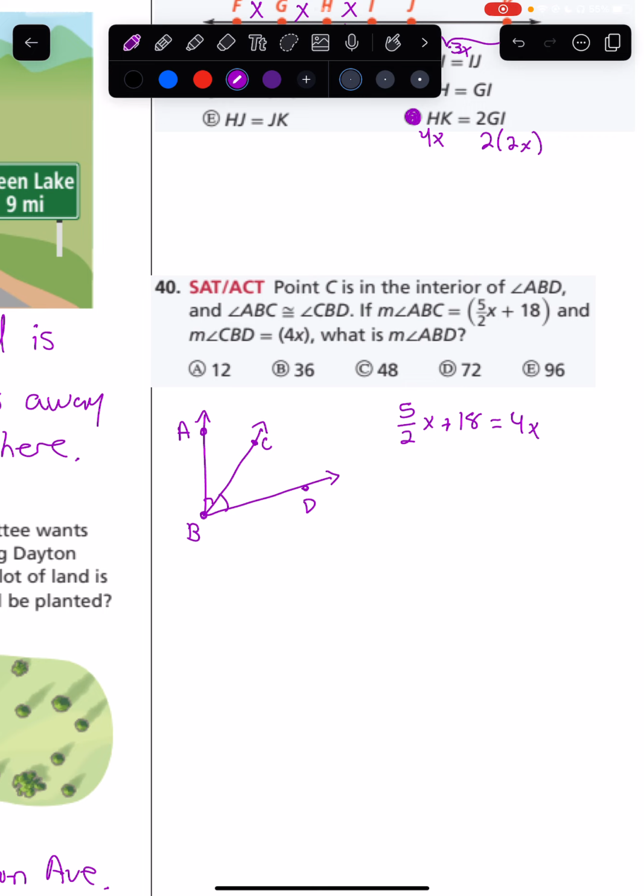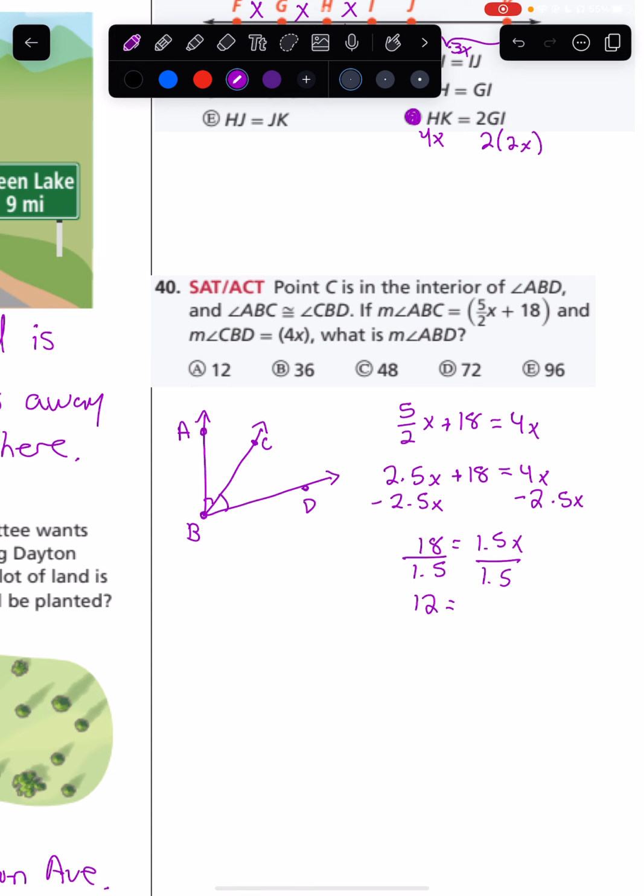I'm going to turn that into a decimal. That's 2.5x plus 18 equals 4x. Subtract 2.5x from each side. We get 18 equals 1.5x. Divide both sides by 1.5, and we get 12 equals x.